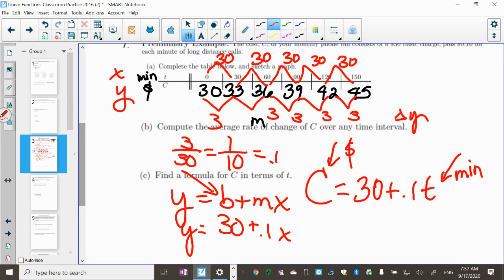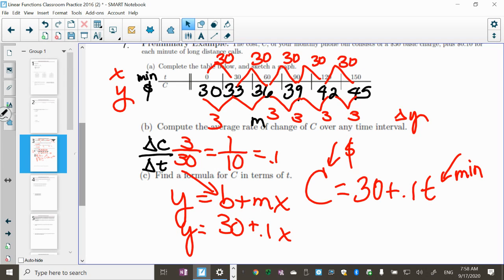Okay. The other thing I want to show you is the rate of change. So let's come back up to here. The rate of change was the change in the cost over the change in the time, right? So when I came over this, or delta y over delta x, when I go to label a rate of change, it always has 2 units, something per something.